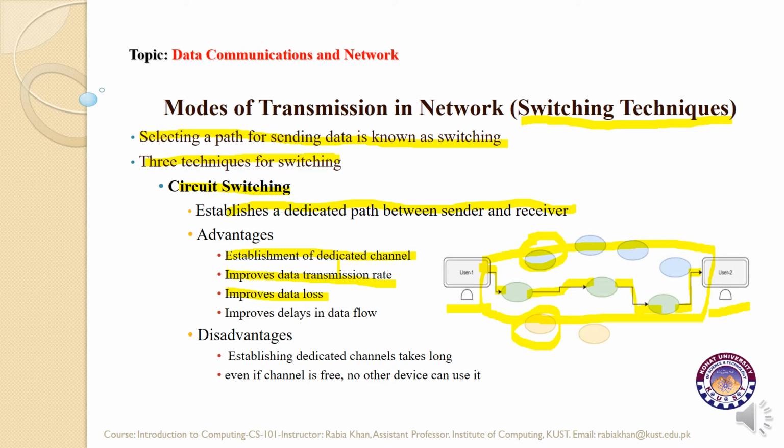If the distortion is there, it may happen that you are not able to listen to the other party due to the problem in the communication channel. So if that happens, only then data loss may happen.